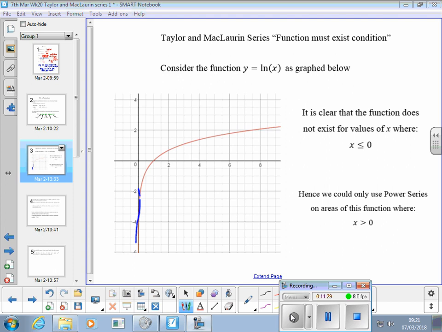But that function does not exist where x is equal to 0. So we can't express that function around the point 0. So we can only use power series on areas of this function where x is greater than 0. The significance of that will become clear in a minute.